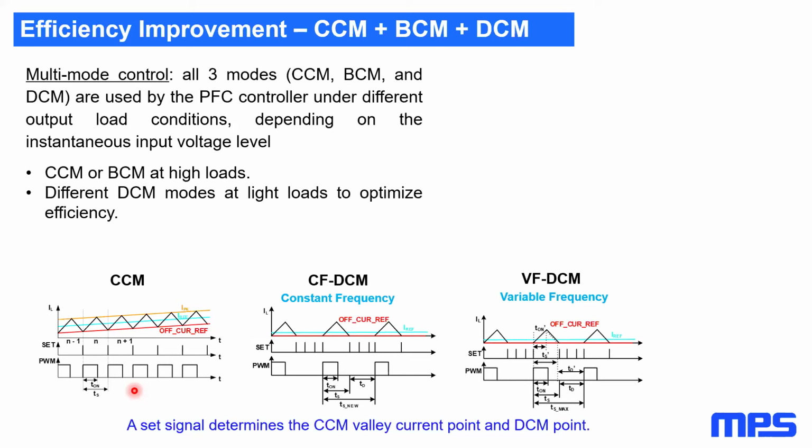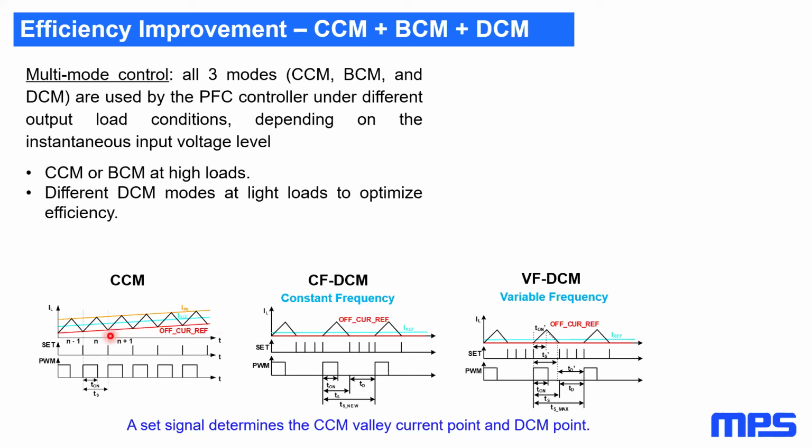And then when the load decreases and the input voltage is low, then it can run into discontinuous conduction mode. We even have some parts that have different types of discontinuous conduction mode, depending on the level of loading, to ensure that the efficiency is as high as possible.